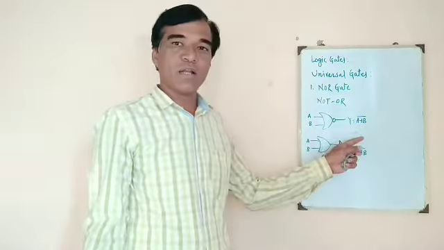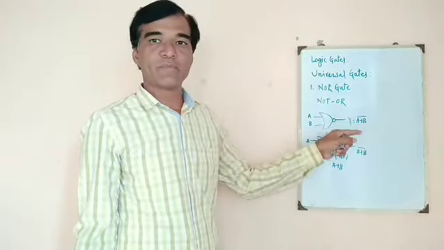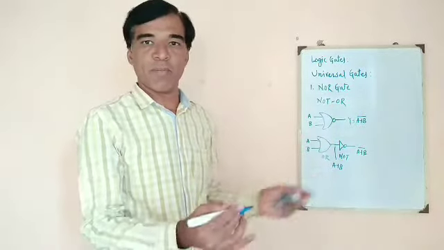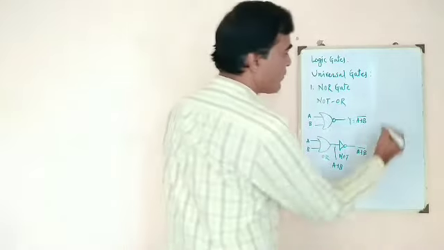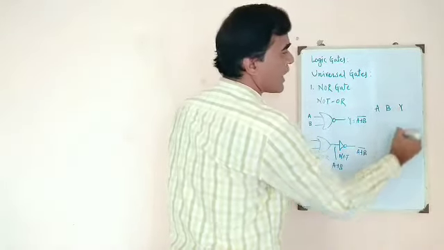The logical equation for a NOR gate is Y is equal to (A plus B) complement. Right? The truth table for this is the different input combinations and output listing.